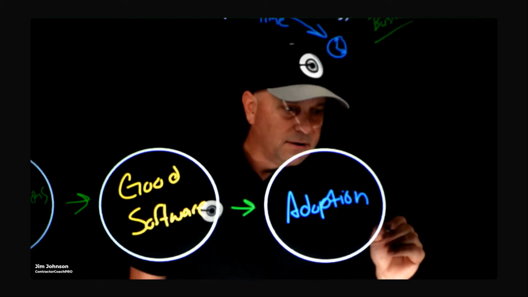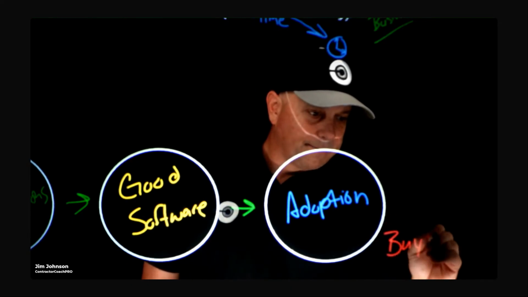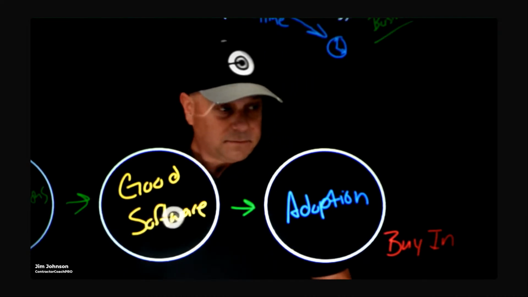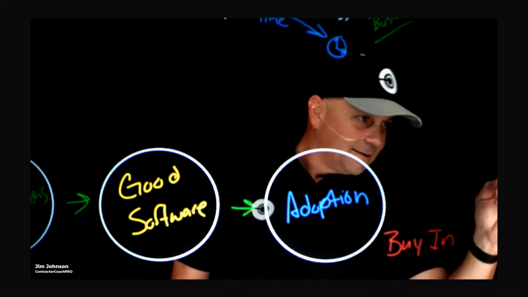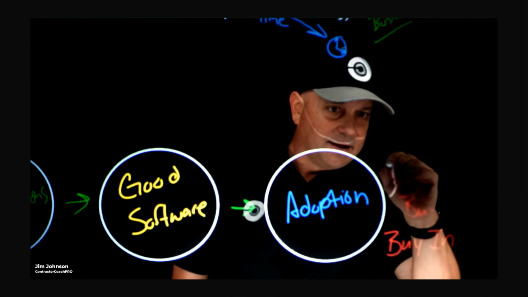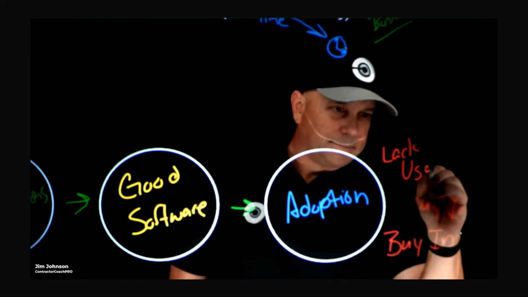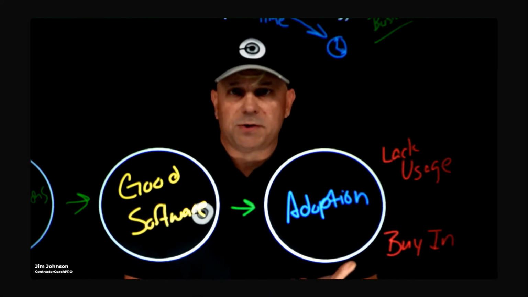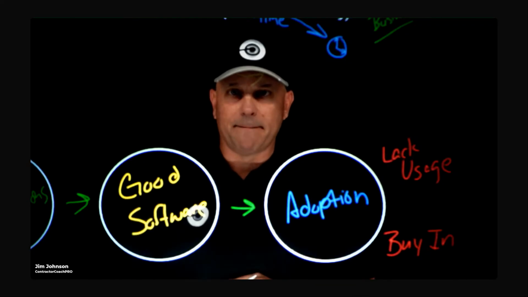You have no buy-in, so nobody's bought into what it is you want to do. And because of that, there is a lack of usage. And so you end up doing what most contractors out there end up with most software they get.